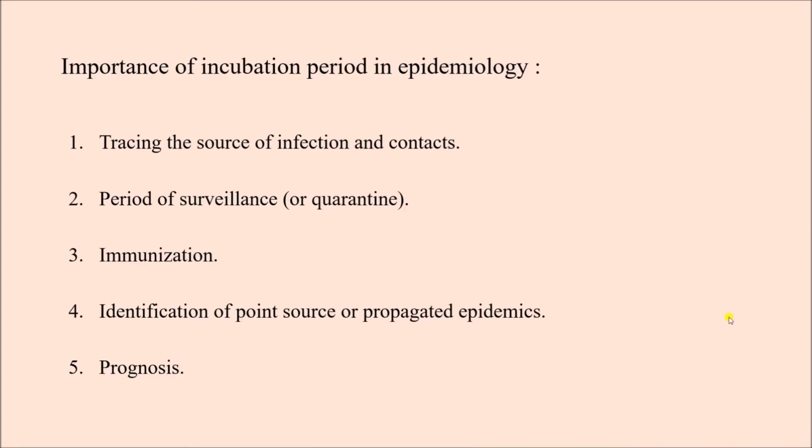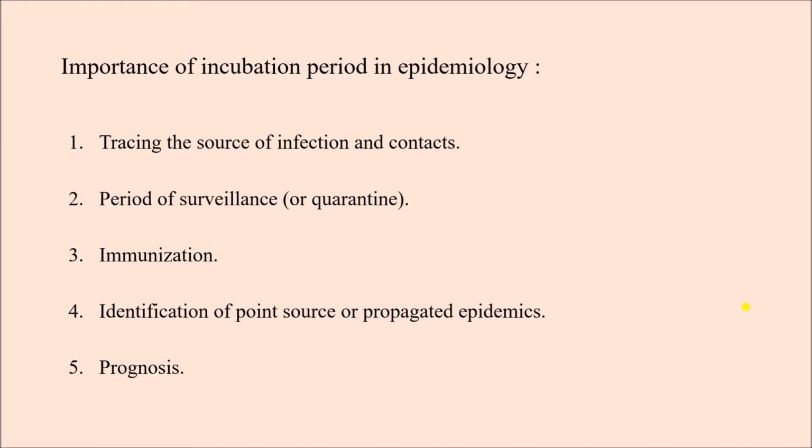Coming to the importance of incubation period in epidemiology, we can trace the source of infection and contact. Suppose a person is suffering from a disease and the incubation period of the disease is 7 days. We can ask the person if 7 days back he was in contact with another person with similar clinical features.